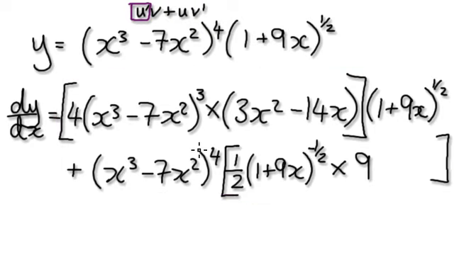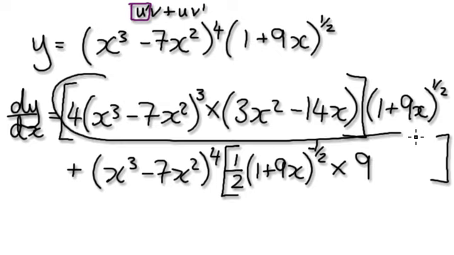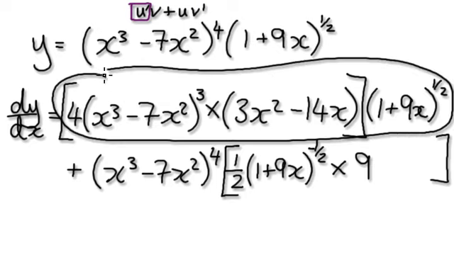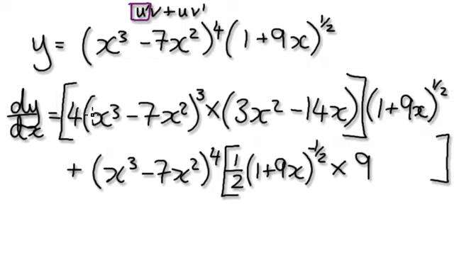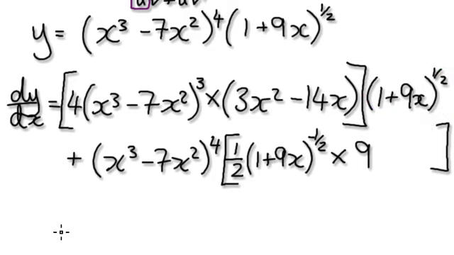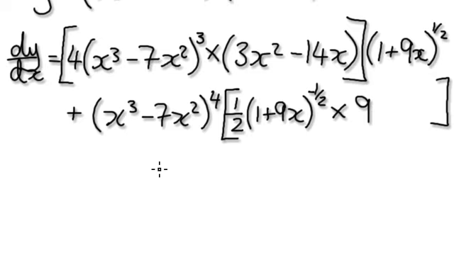Okay, so now it's just a matter of tidying up. If you look at this bit here, they're all multiplying with each other. There's no plus or anything. So here you've got this thing multiplying with this thing here, multiplying with this thing here, multiplying with this thing here. So let's just rewrite it. Let's just tidy it up slightly.